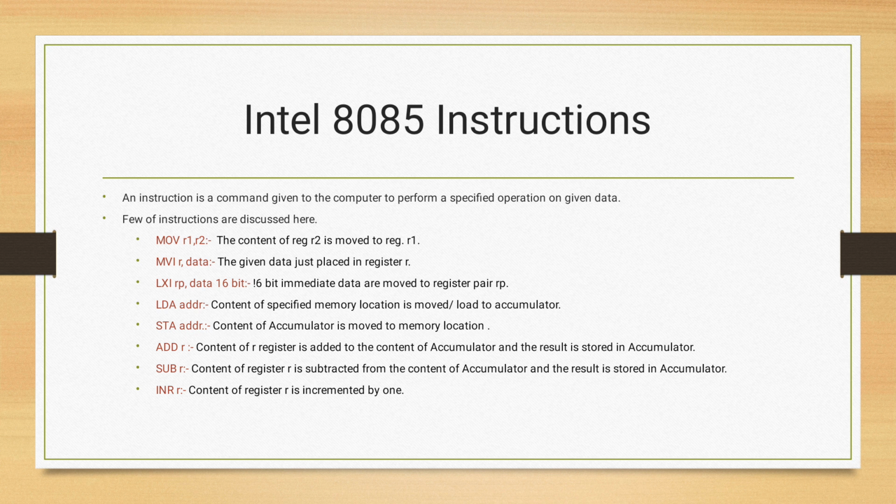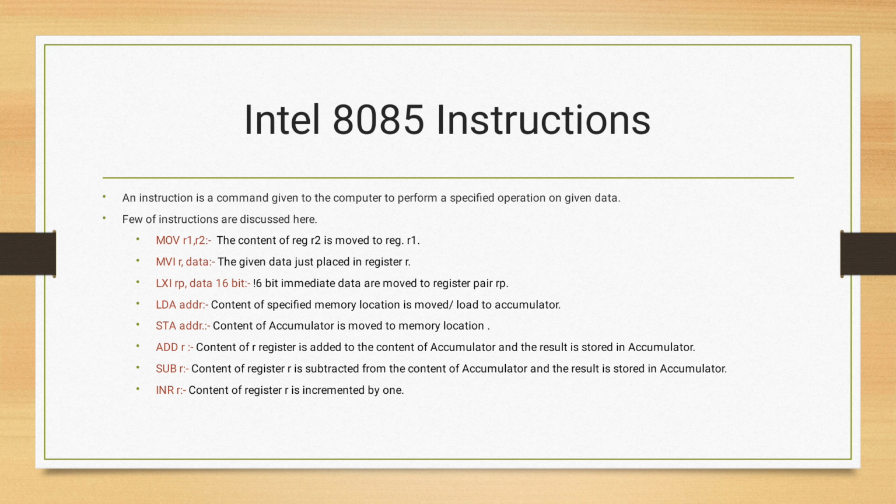Next, ADD R. This represents an arithmetic operation. ADD means addition, SUB means subtraction, and always remember any arithmetic and logical operation happens inside the accumulator, and the result is by default stored in the accumulator. So this is an accumulator related operation.